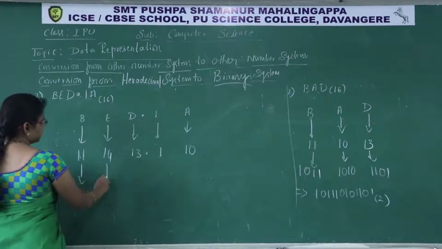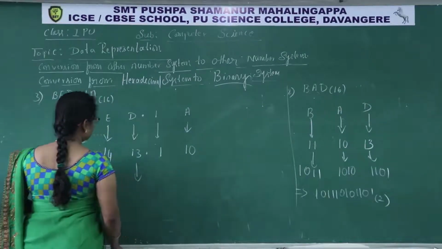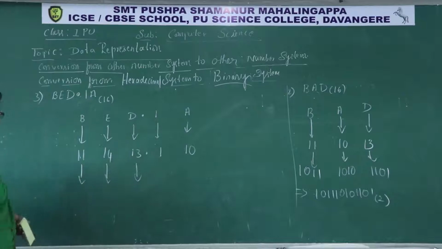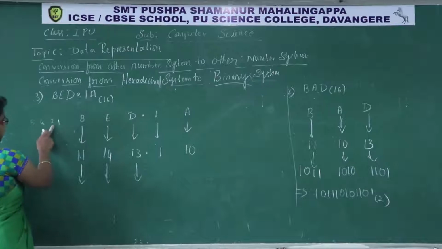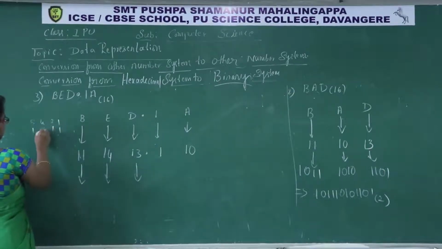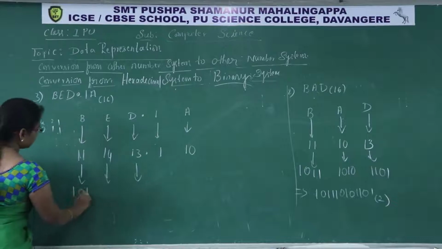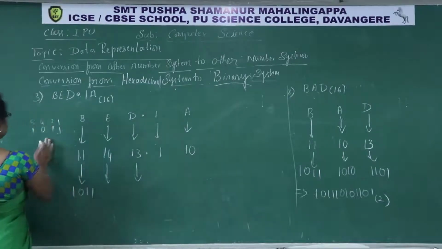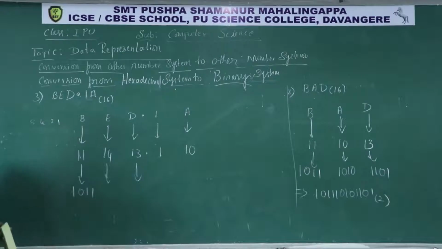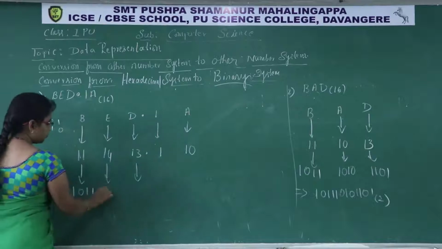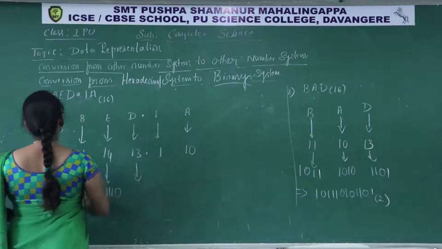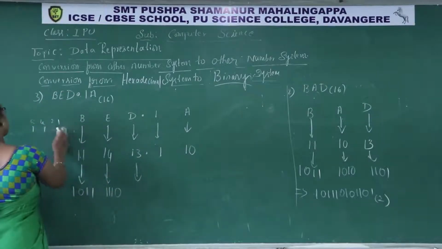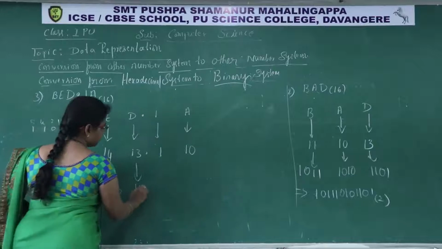Now how to write the 4-bit binary for 11? Same, 8421: 8 plus 2 is 10, 10 plus 1 is 11, and at 4 we write 0, so 1 0 1 1. For 14, 8 plus 4 is 12, 12 plus 2 is 14, so 1 1 1 0. For 13, 12 plus 1 is 13, so 1 1 0 1.